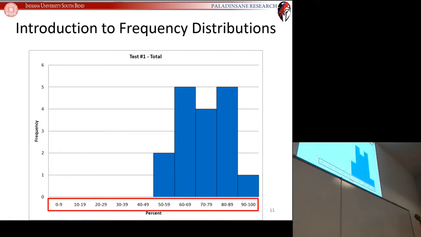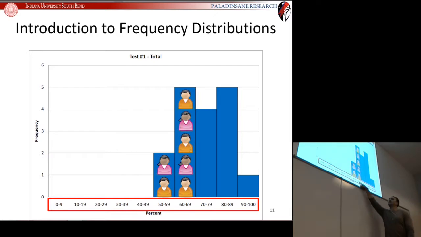So in this building right here, we got a 2-story apartment building, and 2 individuals are living in that room. 2 people scored between 50 to 59. In the apartment located at 60 to 69, we got 1, 2, 3, 4, 5 people are living. 5 people achieved the score of 60 to 69.